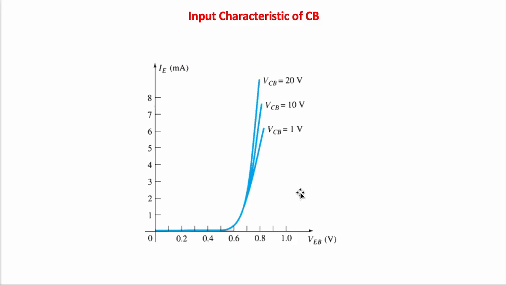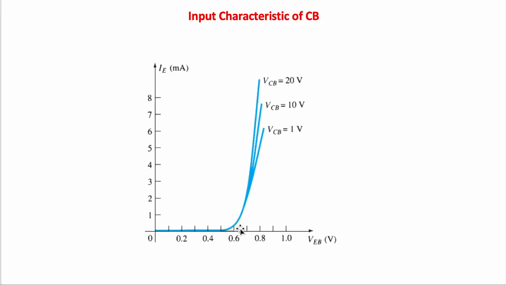So here we have the input characteristic of a common base transistor configuration. The input characteristic of the common base configuration is simply the relation between the input current IE and the input voltage VEB. Here we see that the emitter current is constant at 0 milliamps until around this point.